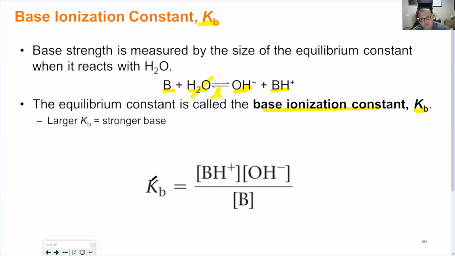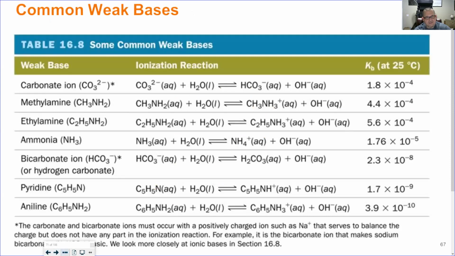So products over reactants, the Kb is just the concentration of the conjugate acid times the concentration of the OH minus divided by the concentration of the weak base, and that's equal to the Kb. The water doesn't show up in it. And the larger the value for Kb, the stronger the base is in the system.